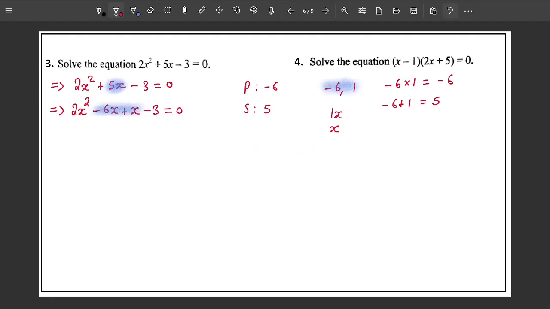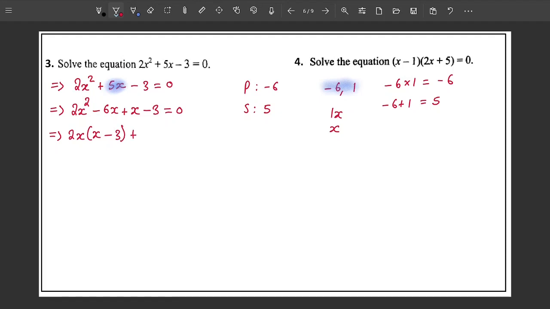All right, so now we proceed. Here, factor out what is common by grouping. Between 2x squared minus 6x, what is common is 2 and also x. So you remain with x here, then you say minus, and here you remain with 3. Then you say plus.